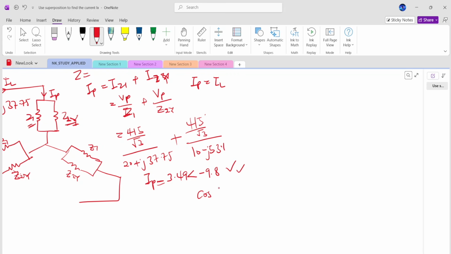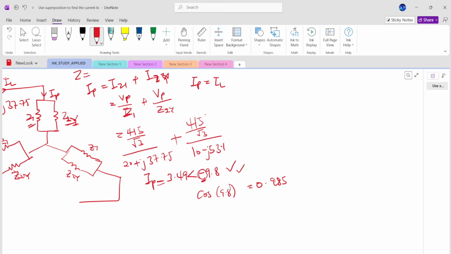So it's going to be cos 9.8, and this is going to give me 0.985. The sign should tell you whether it's leading or lagging.